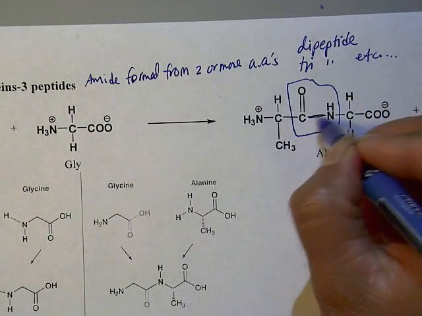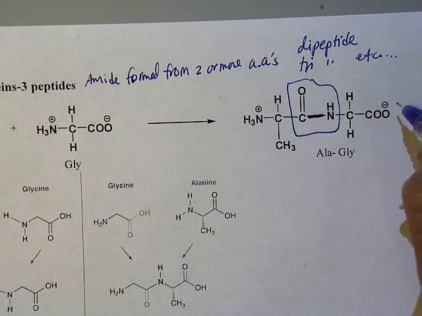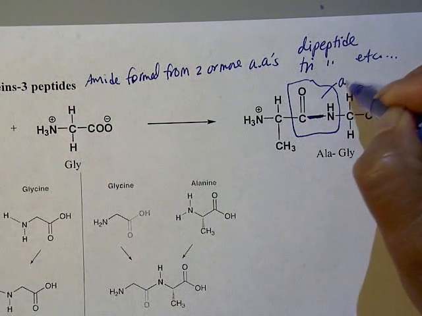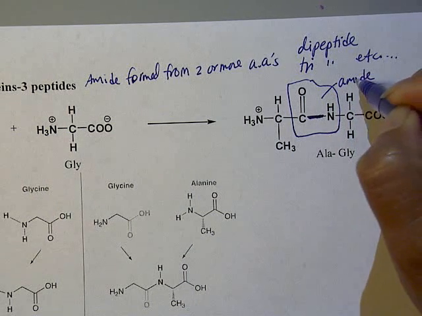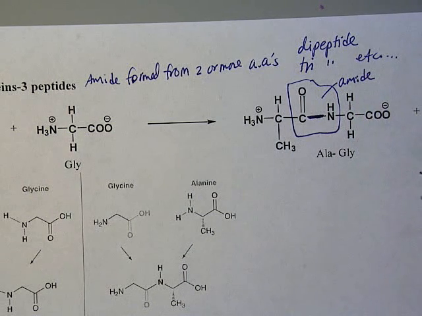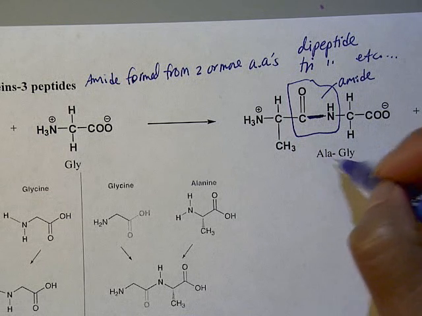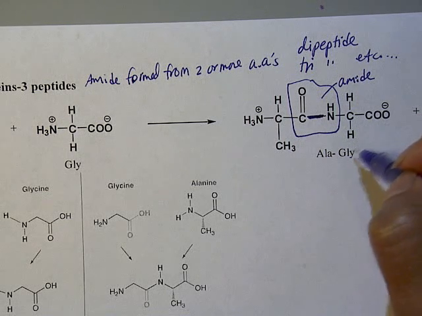This bond right here that I'm highlighting is the bond formed between the 2 amino acids. This is the amide linkage that's responsible for keeping 2 amino acids covalently together. So this is alanine attached to glycine. The abbreviation would be alanine dash glycine.